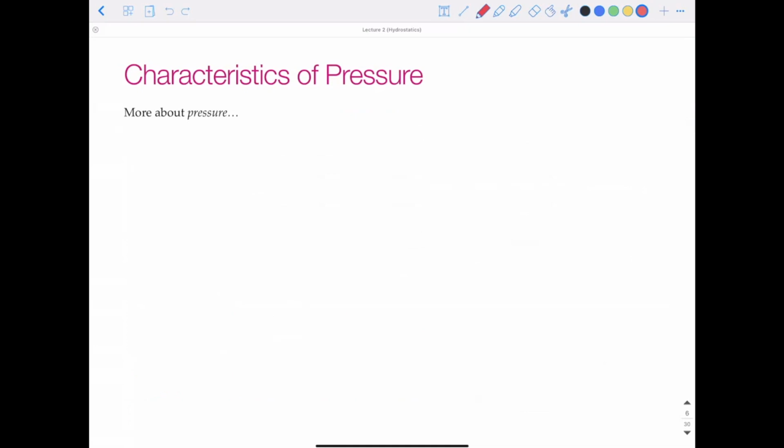So a little bit more about pressure. Pressure is a single valued property at any point, and it's independent of direction. So it's not a vector.